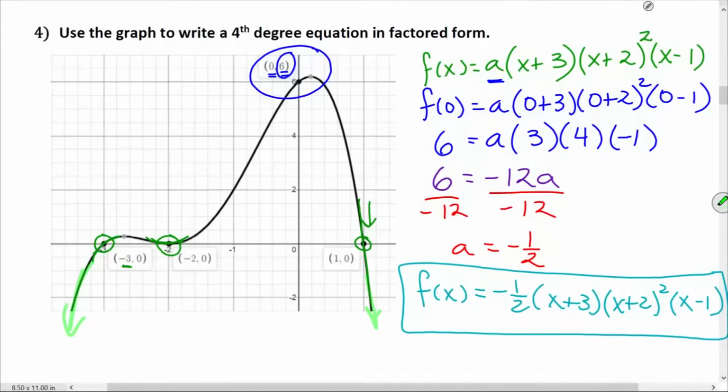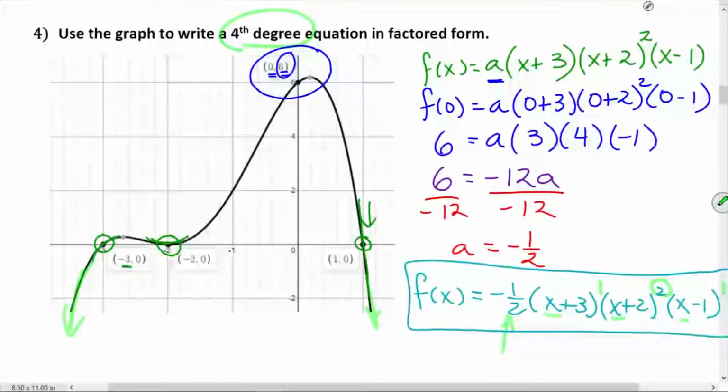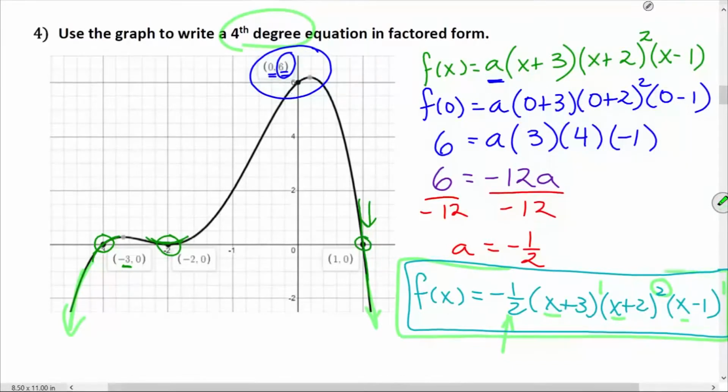Looking at the factors, I have 1 and 2 and 1, and 1 plus 2 plus 1 is 4, which is an even multiplicity. And my leading term here is negative, which means my end behavior is down, down. So this end behavior agrees with this function. I'm pretty confident now that this is the function that would give us this graph.